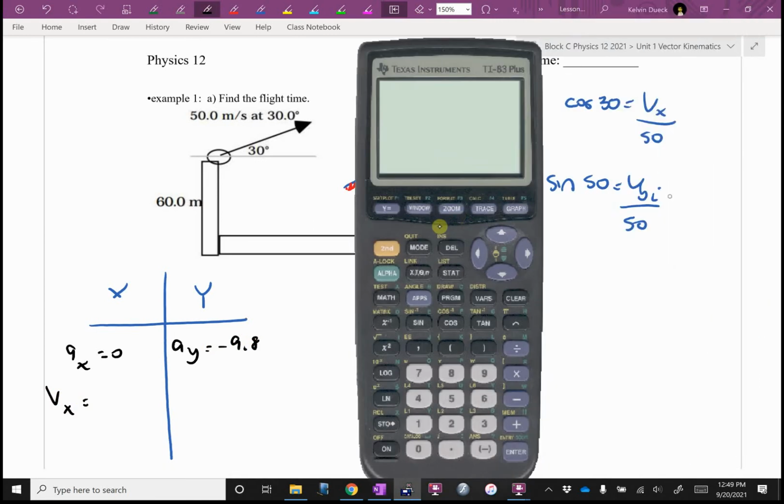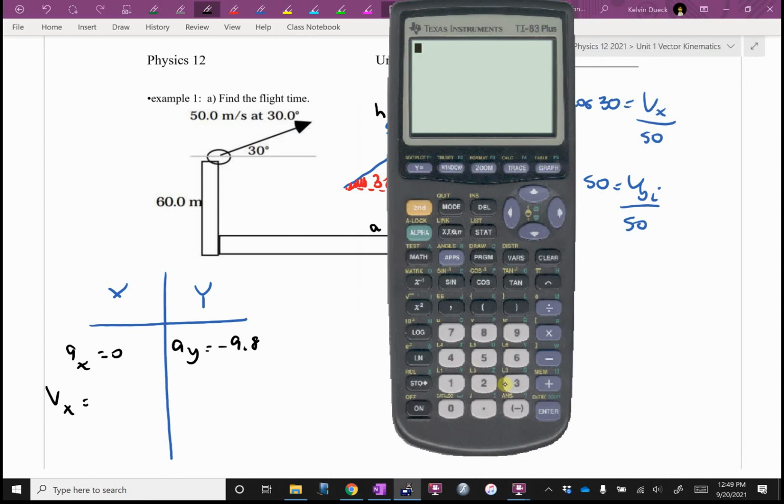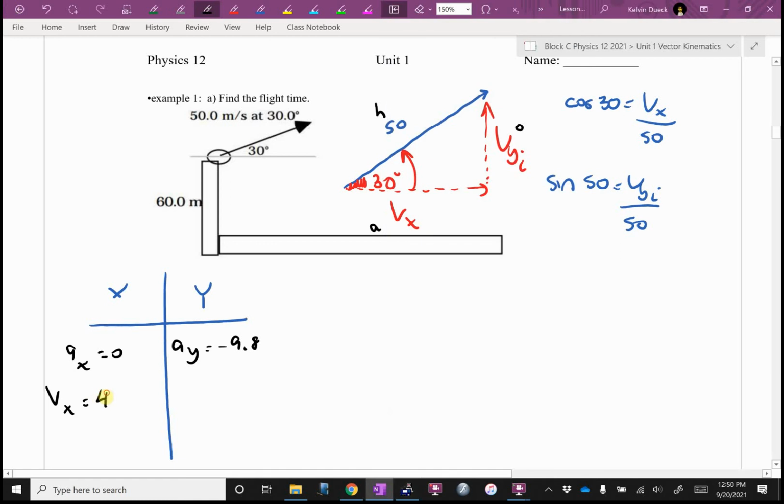So Vx is 50 cos 30, 43.301. Vy initial. Oh, does that work out dead even? 25? Cool.